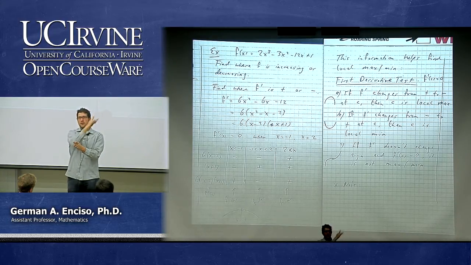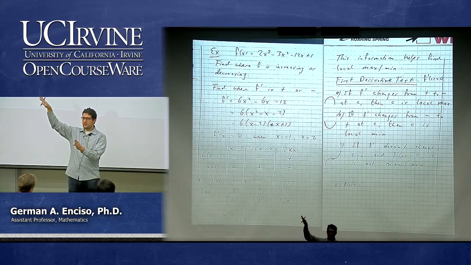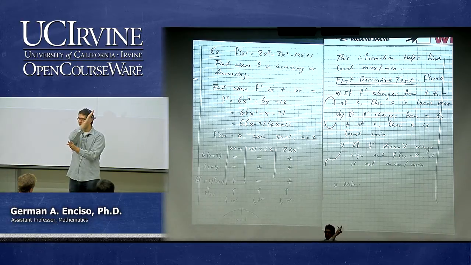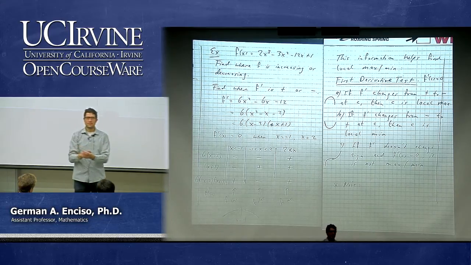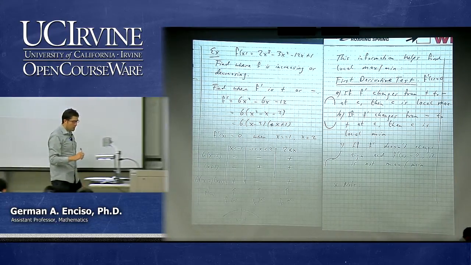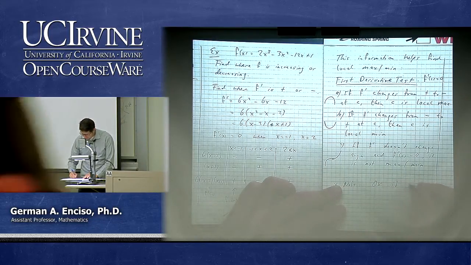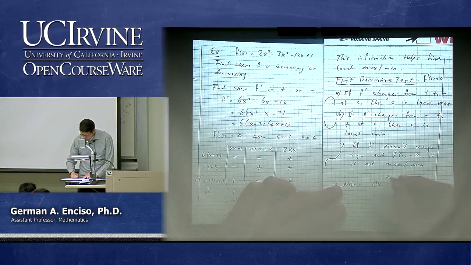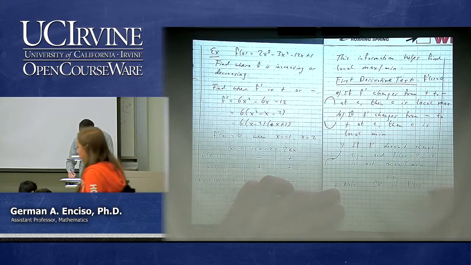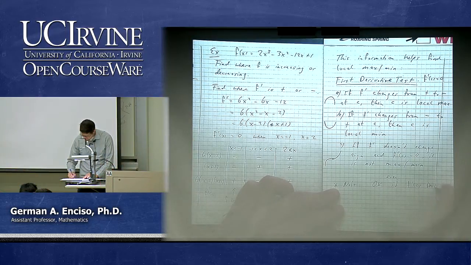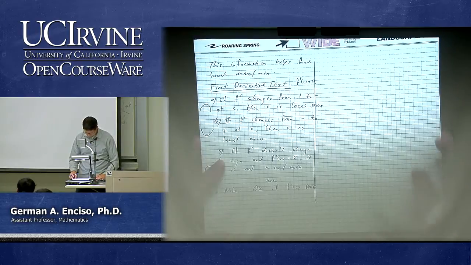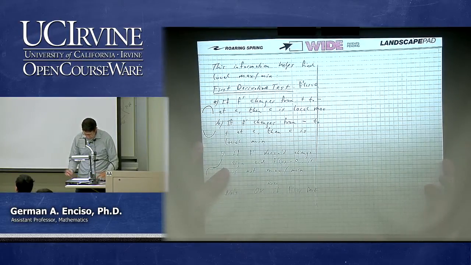So you can tell from the first derivative test that the function has a local minimum at that point because it goes from negative to positive. It doesn't actually matter that the derivative doesn't exist at 0. That's already something that goes beyond what we were doing. Even if f prime of C does not exist.